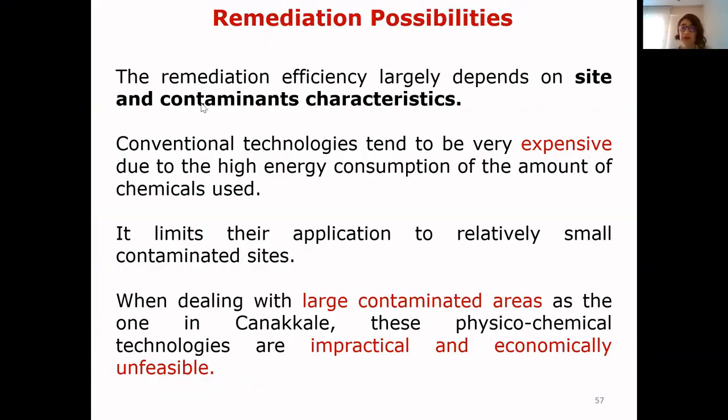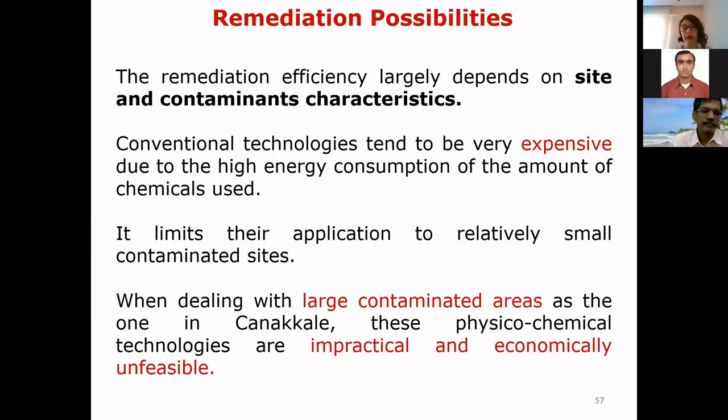Of course, for the remediation option, we cannot say that this remediation is good for each area because the remediation efficiency largely depends on site and contaminant characteristics. So for each project area, we need to determine the remediation method for that area.